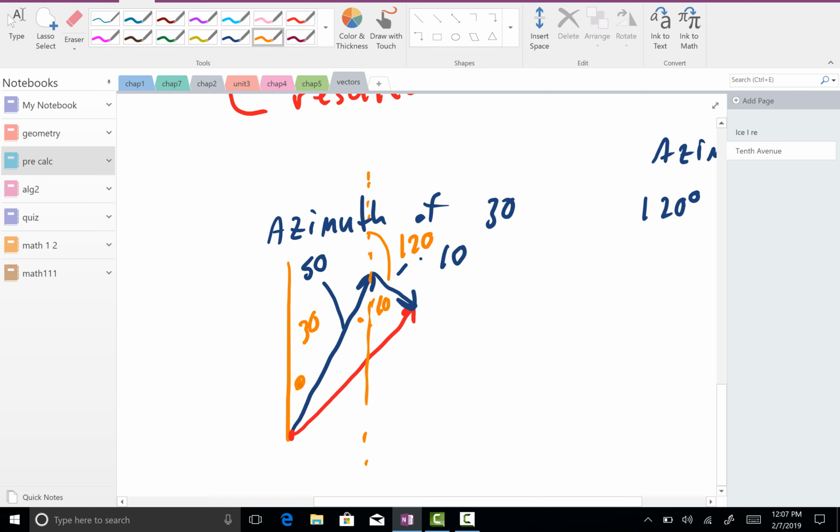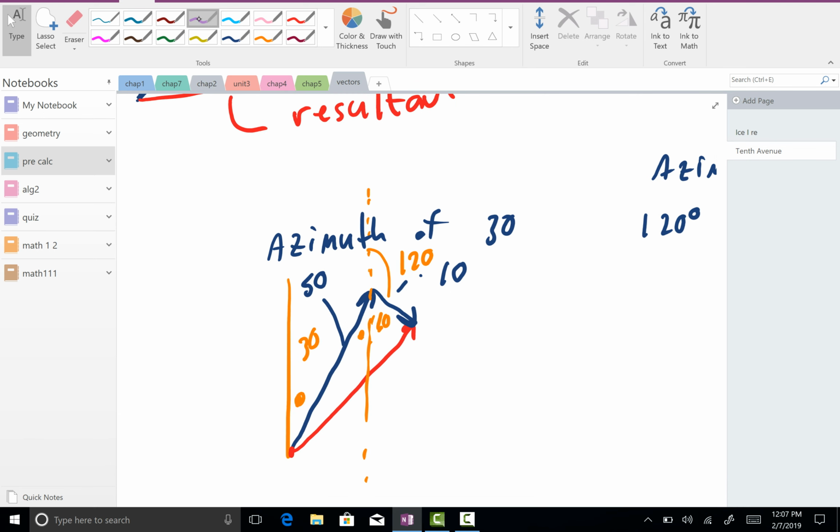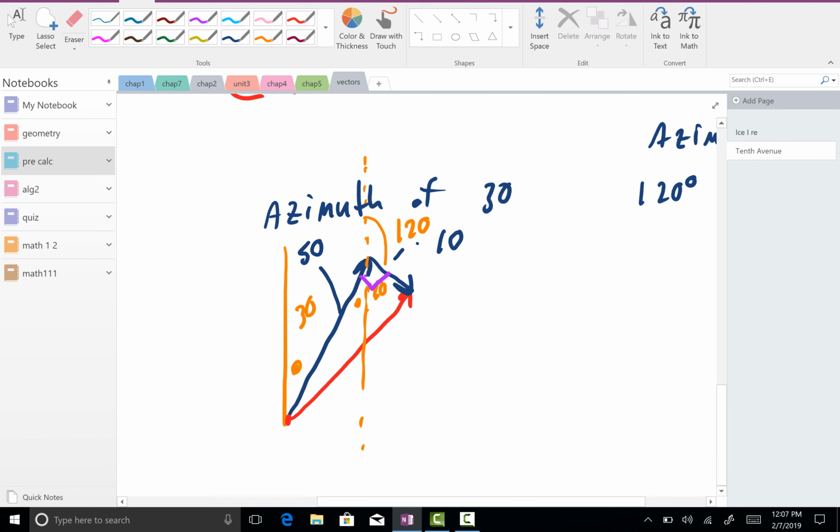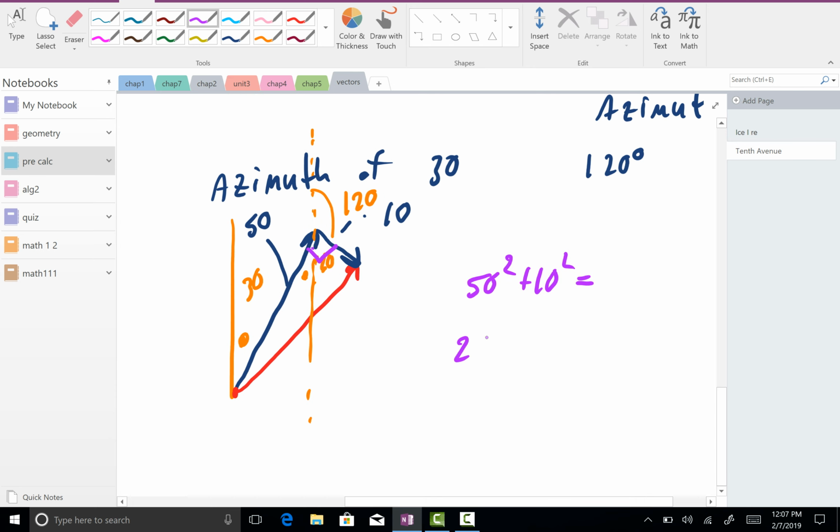So if this angle is 30, this angle is 30, which means that in the whole thing, we have a nice 90-degree angle there. And that's an easy one. We can figure the resultant out because we got 50 units there, plus 10 units there. We're using Pythagorean theorem.